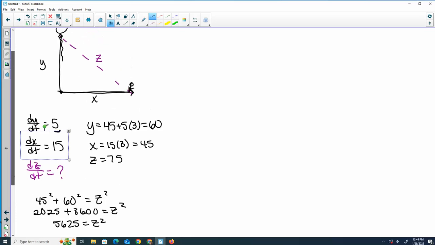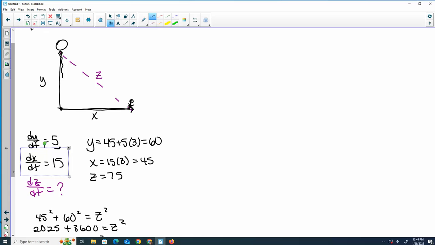Okay, so we have x, y, and z for that particular instance. Are any of these constants? No, they are all changing. So when I go to my formula, x squared plus y squared equals z squared, and I do my derivative. Derivative of x squared would be, derivative of y squared, and derivative of z squared.